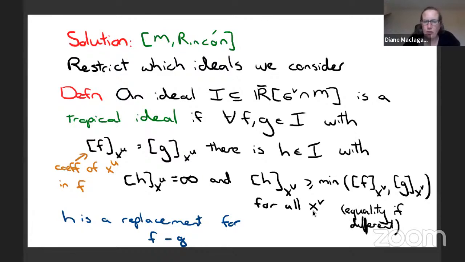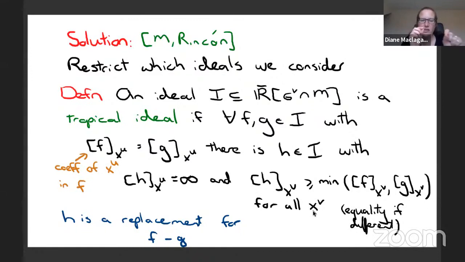And this goes as follows. I'm going to say that an ideal is a tropical ideal if it has the property that for every f and g in the ideal, where f and g have the same coefficient for some monomial x to the u, maybe x squared y cubed.